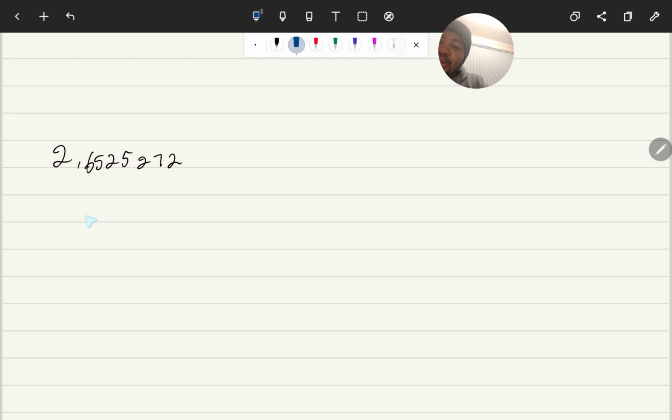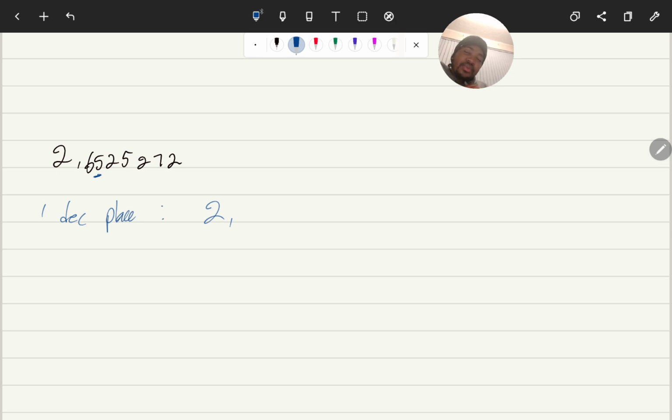When you write this down for one decimal place, this is how it's going to be. You have 2 comma, right? We want to see one digit after this comma. So for you to do that, instead of looking at the first number after the comma, you look at the second number after the comma, which is 5.